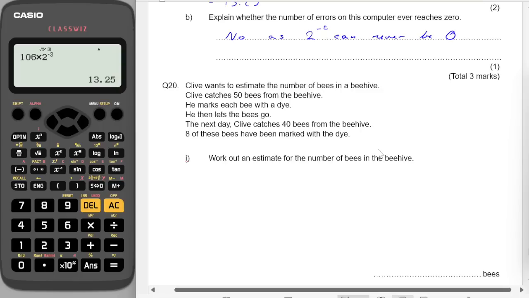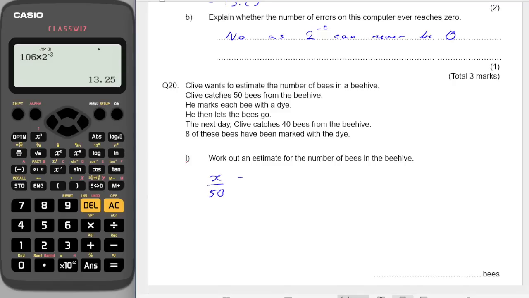So we're looking at capture, recapture. I tend to do this as out of the whole population, he caught 50. And then next time, out of the 40 that he caught, 8 still contained dye. More commonly, you tend to put your fractions the other way around, but it just makes the rearrangement simpler.